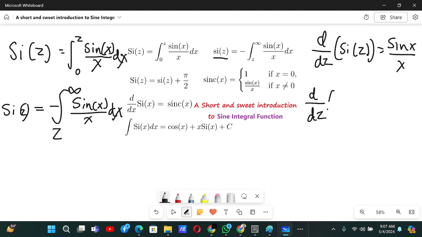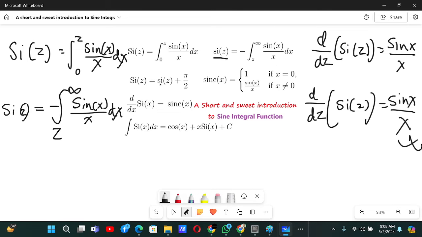You can see why we get the same function: we can differentiate this and use the Leibniz formula or Feynman's rule for differentiating an integral. So this negative sign basically conjures the function that's inside. So that is our definitions.